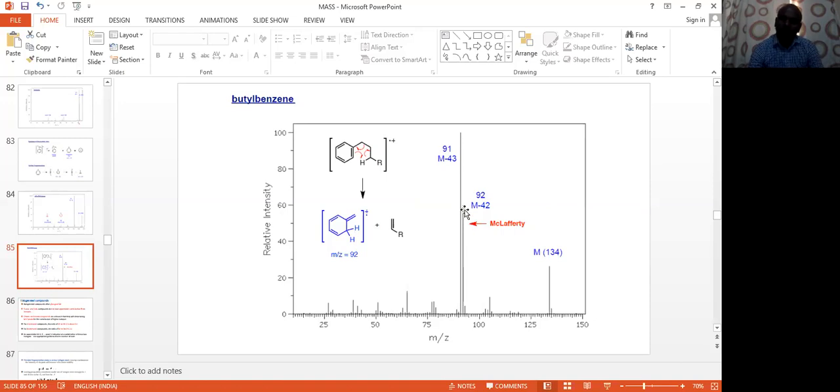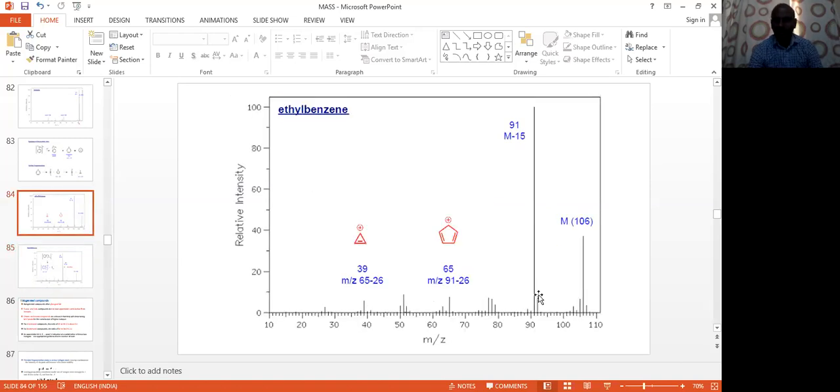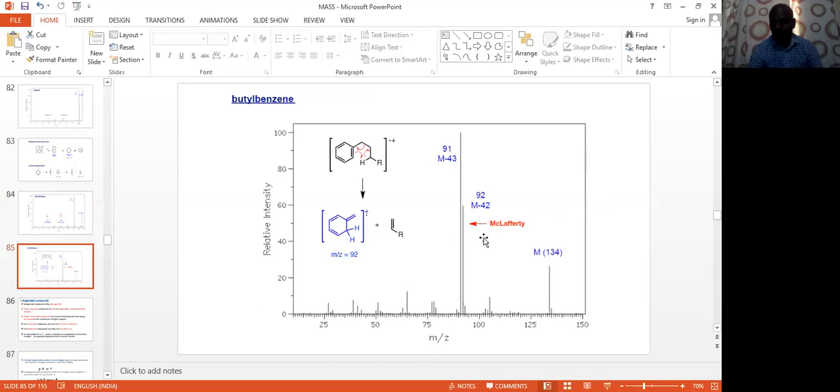But how do you account for M by Z value 92? That 92 we have not observed here or anywhere else. It is there, but it is not that prominent a peak, whereas here M by Z value 92 is very prominent. This 92 is because of the McLafferty rearrangement. You can see how the McLafferty rearrangement happens here.